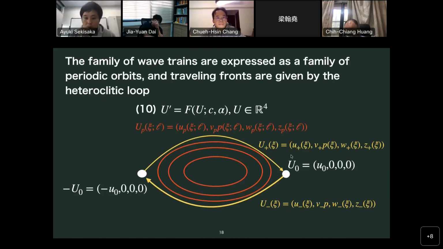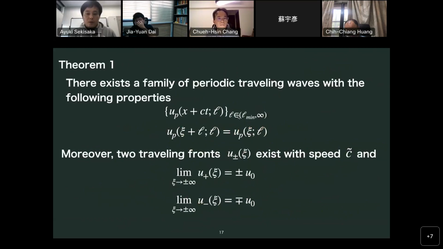Okay, the heteroclinic loop exists, and inside the heteroclinic loop there are many periodic orbits. The red line, the red U_P xi, is a periodic orbit with period L. Theorem 1 means that the period goes from the minimum period to infinity.